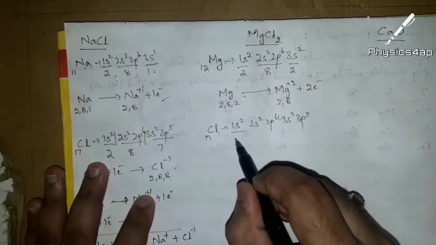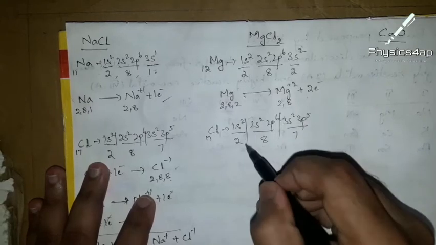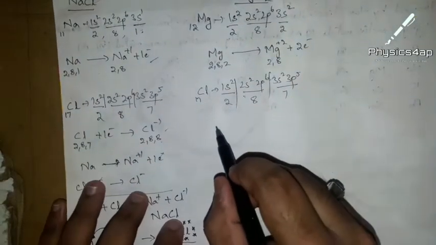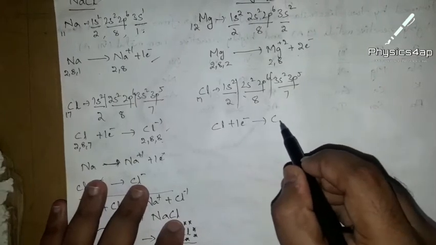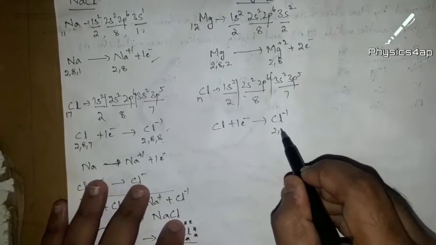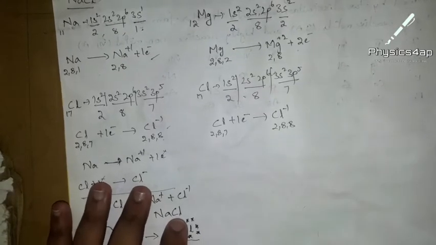Just as we have 2 here, we have 8, and here we have 7. The same thing we have done over here. So chlorine plus 1 electron being added gives Cl minus, 2, 8, 8 and 2, 8, 7.